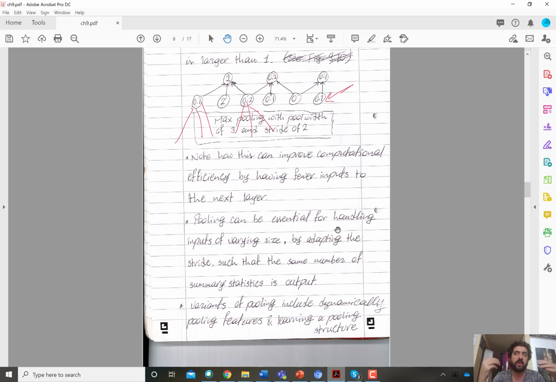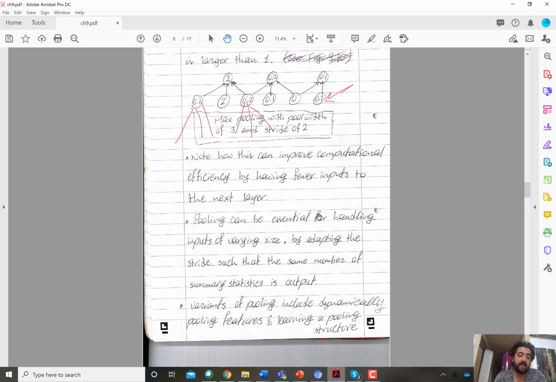But pooling with a stride can be a mechanism to enable that, by varying the stride width with the varying input size, so that the further layers have the same dimensions regardless of the input size. And in the video after next, we will take an example where we discuss the details of that.